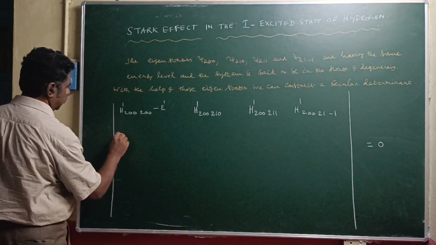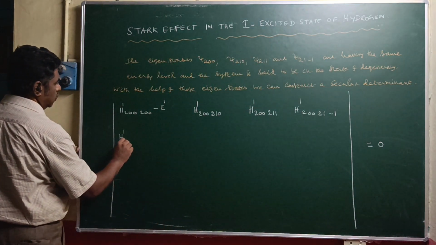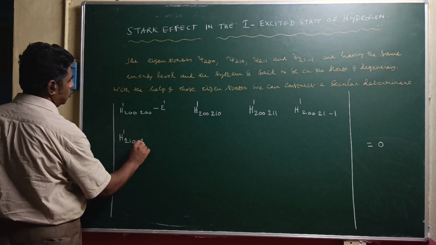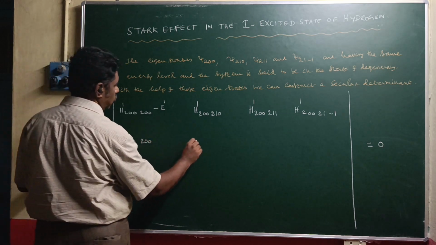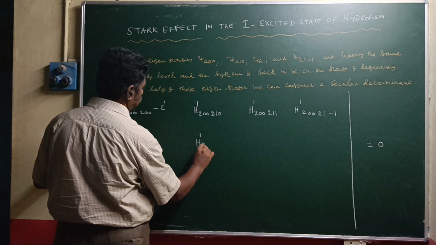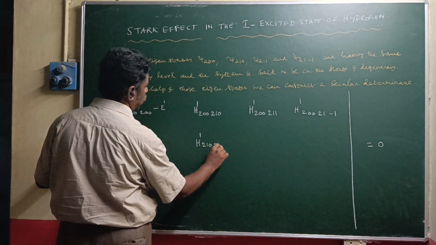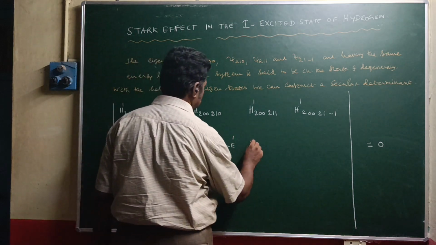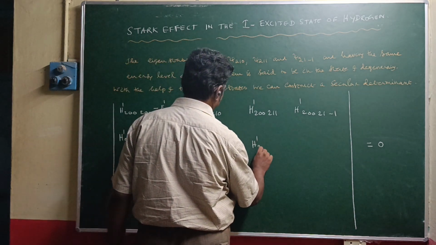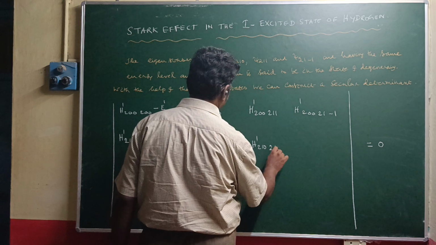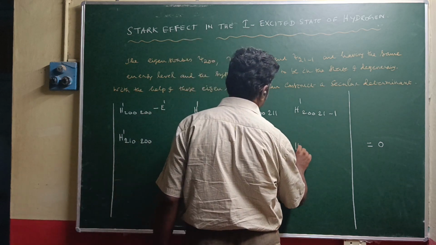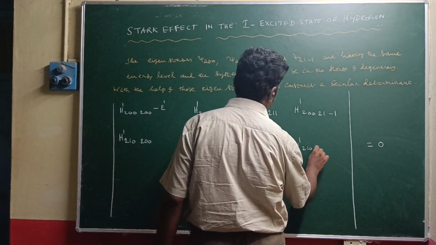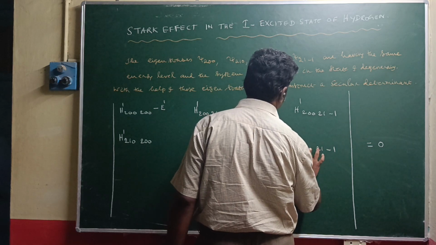Then the next row: H1 2 1 0 2 0 0, H1 2 1 0 2 1 0 minus E1, H1 2 1 0 2 1 1, H1 2 1 0 2 1 minus 1.